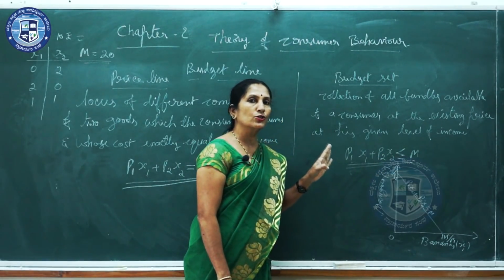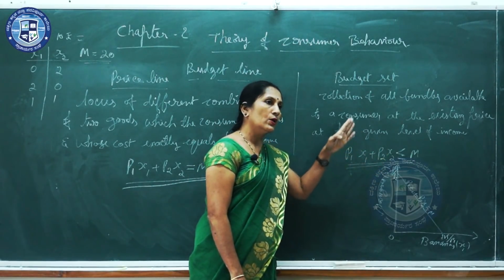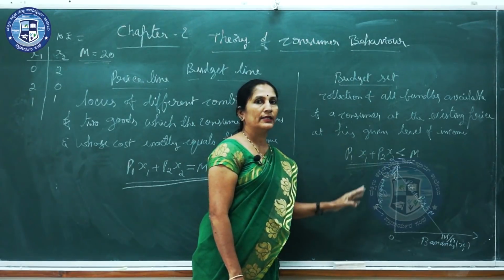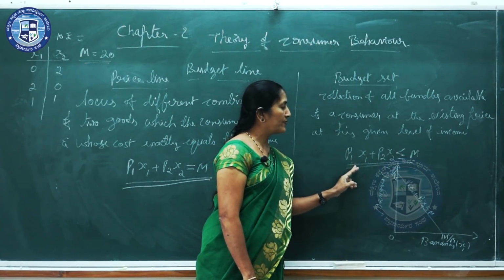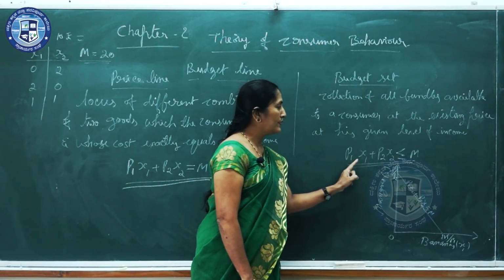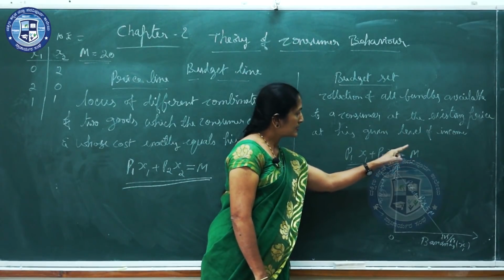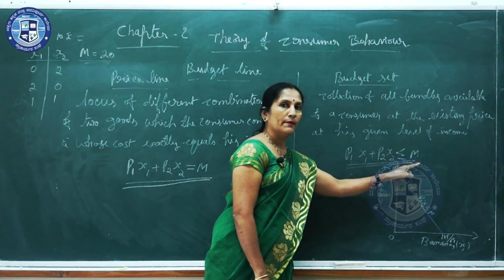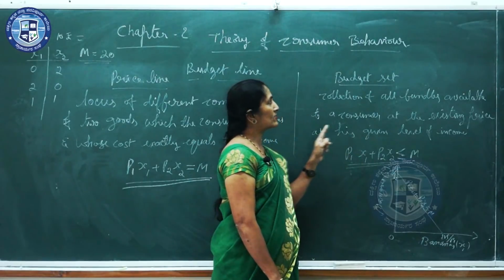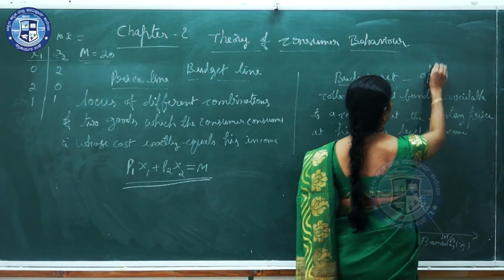The cost can be lower than or below his money income. That is why we write the budget set formula as P1X1 plus P2X2 less than or equal to money income. The budget set is also called the opportunity set.